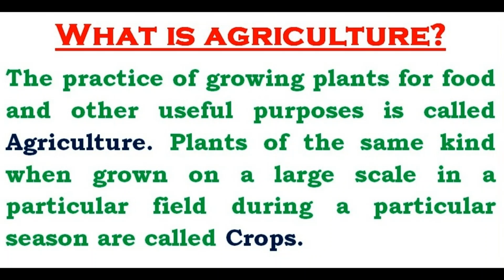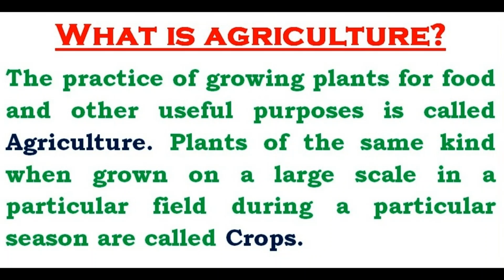Plants of the same kind, please mind the points, plants of the same kind grown on a large scale in a particular field during a particular season are called crops.